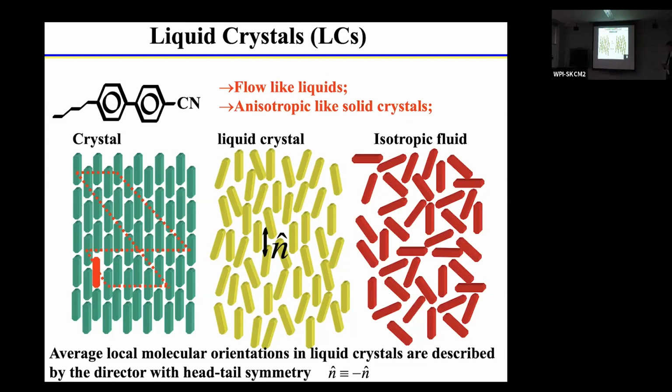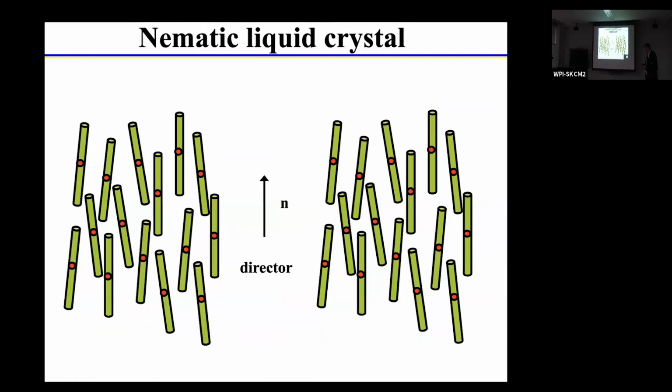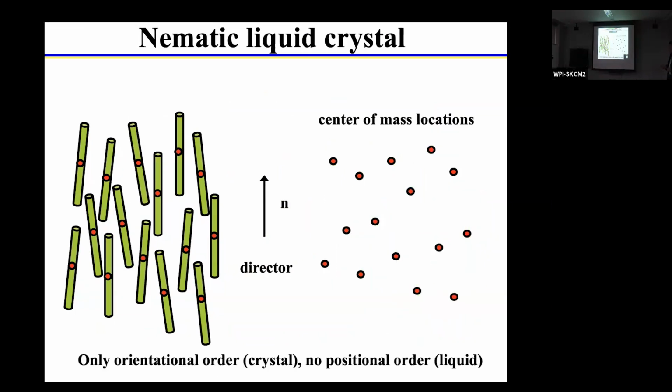And so, as I already mentioned, in liquid crystals, unlike in crystalline solids, we have no positional ordering. So you can see in here these little rods representing molecules or colloidal particles forming the liquid crystal, being oriented in the same direction, but once you would remove the rods themselves and only look at the centers of mass of them, you would see them being disordered, right?